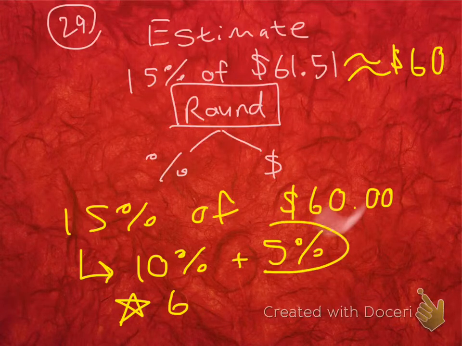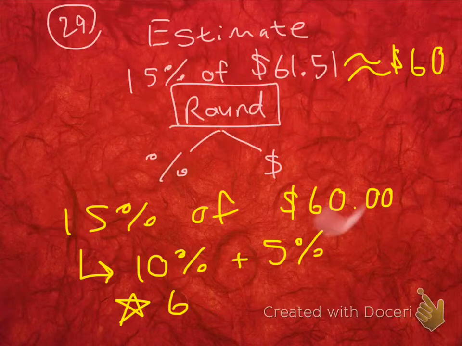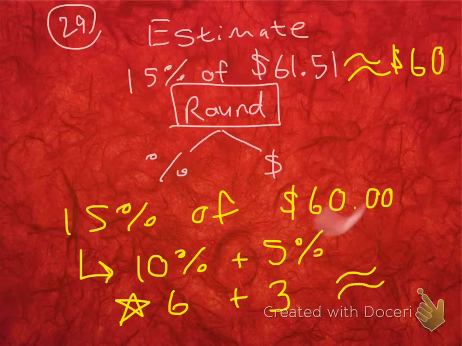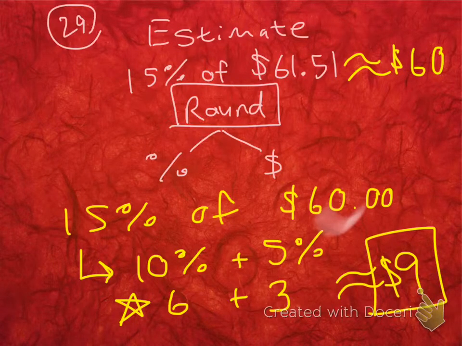Well, 5% is half of 10%, which means half of the 6, which is 3. And 6 plus 3 is 9. So it should be about $9.